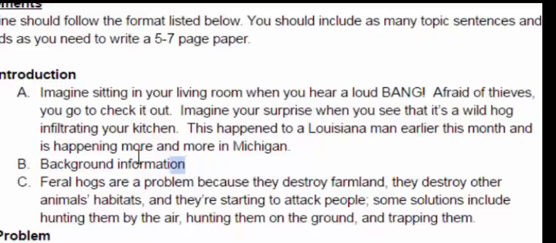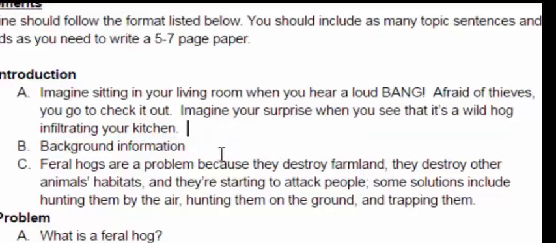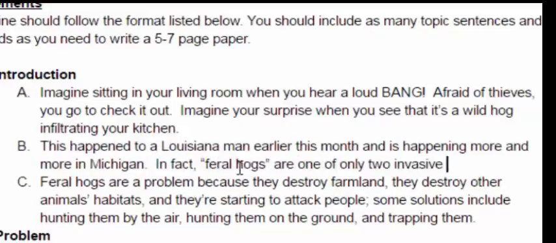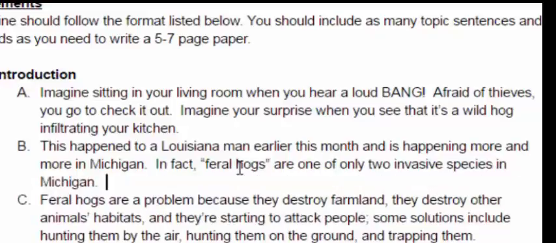Your background information is really anything that will connect your attention catcher to your thesis. So, for instance, this sentence here is probably more of a background information sentence. I may want to add a sentence or two, like, feral hogs are one of only two invasive species in Michigan.